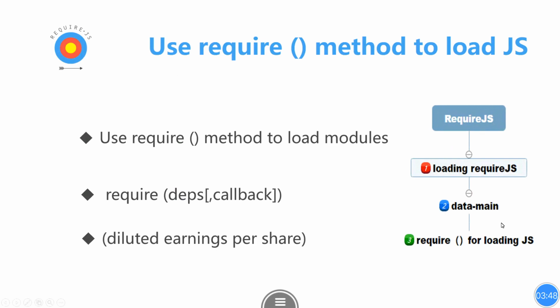The first way you can use the data-main. The data-main has a lot of good ways to use. The other way is you write it down in your files without the data-main. That is what we learned in the last lesson.